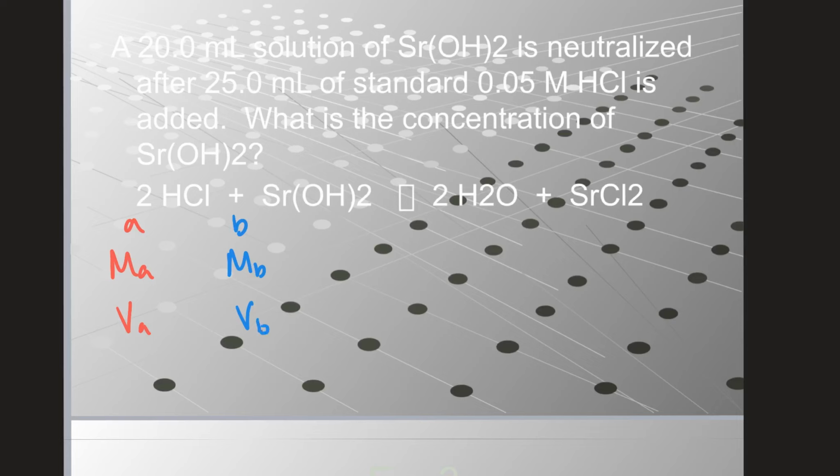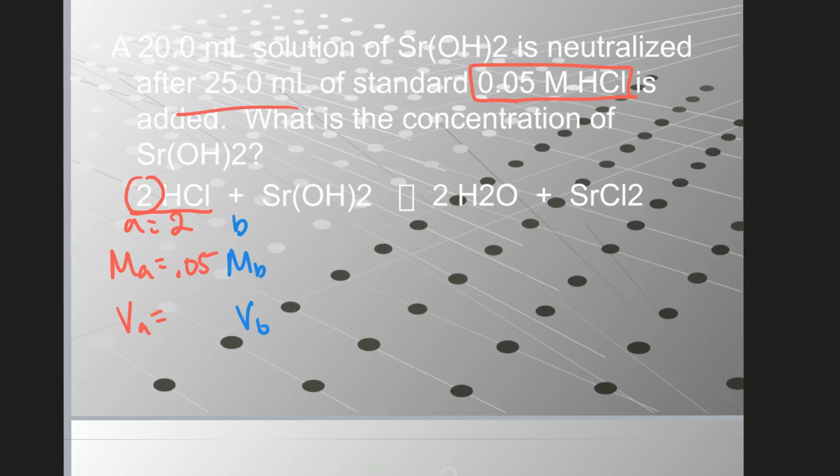My A is my acid, and that's my coefficient, so it's 2. The molarity of my acid: it says 20 mL of strontium hydroxide solution is neutralized after 25 mL of a standard 0.05 molar HCl, so it's 0.05.